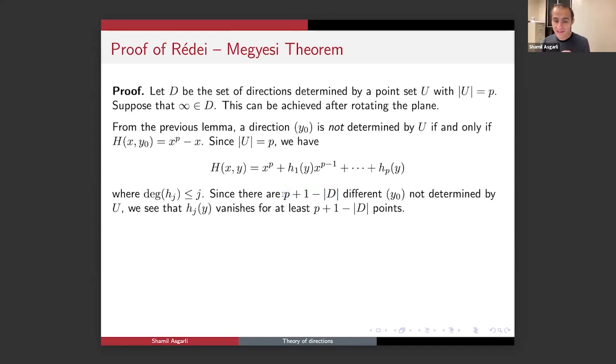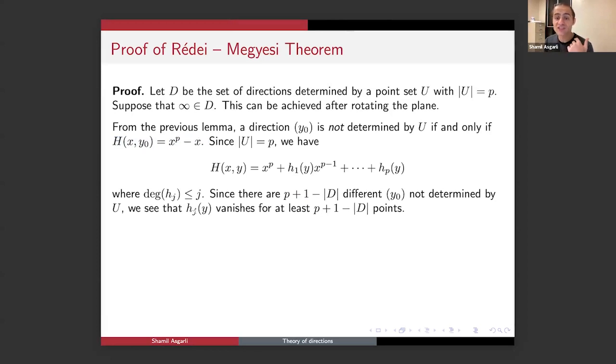But that means that hj(y) vanishes for at least p plus 1 minus |D| points. For each of those choices of y0, when you plug it in, you get that the polynomial in x is x^p minus x, which means all the intermediate coefficients vanish.